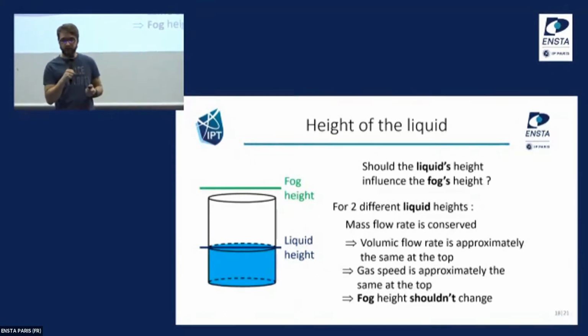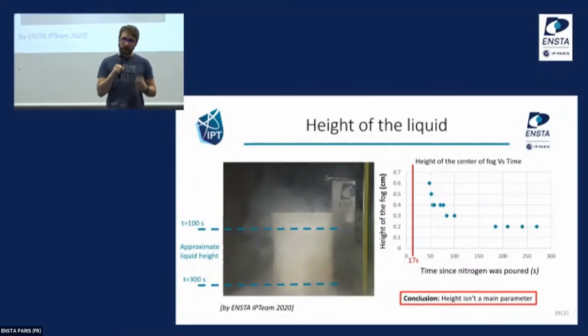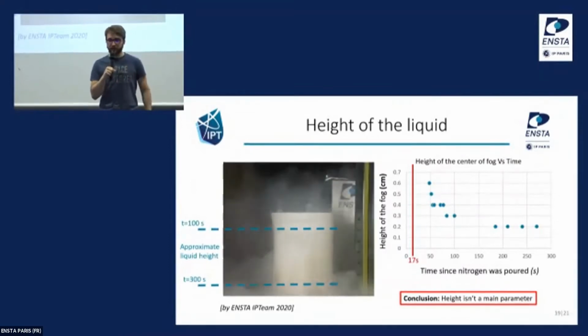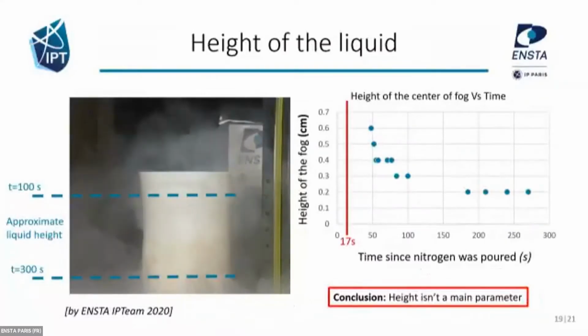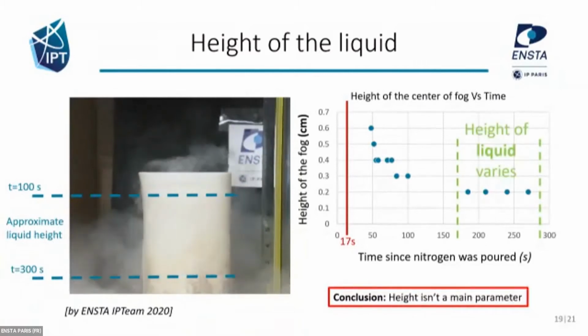The experiment we did to test that was the following. We just poured some liquid nitrogen into a beaker, and we waited. We waited 300 seconds for the liquid nitrogen to go down. And as it was going down, we measured at every point in time the height of the fog. And what we saw is that in this region right here, the height of the liquid was varying.